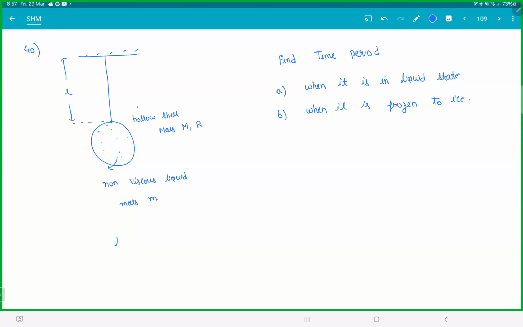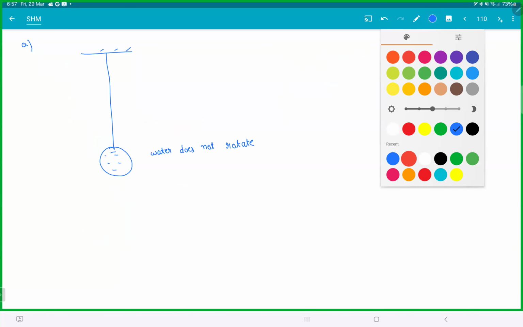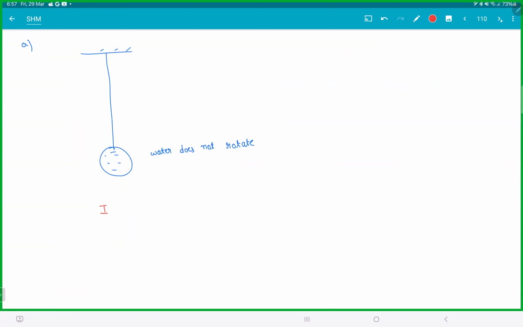One more thing, we will assume L is much greater than R, or else you can't take the shell like a point mass. Then the moment of inertia I about that axis will be 2/3 MR² plus M(L+R)².